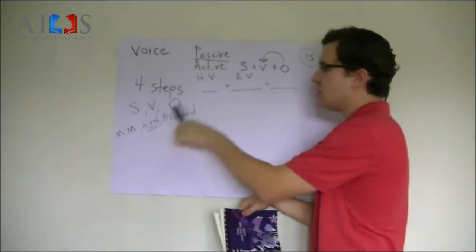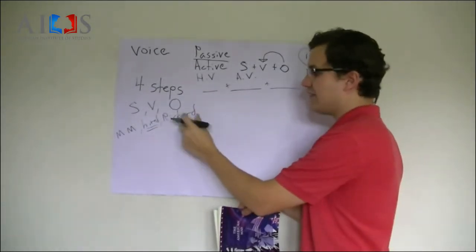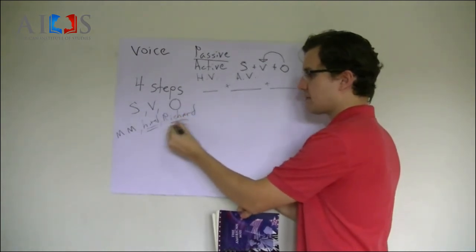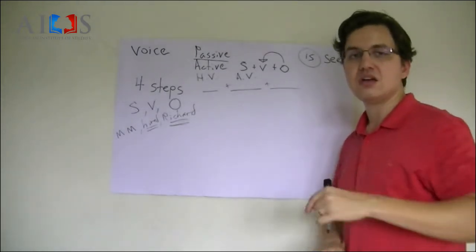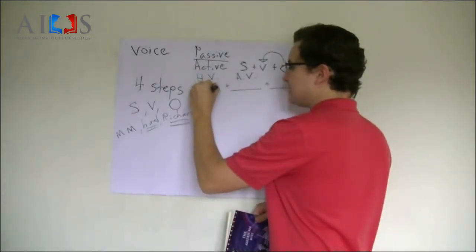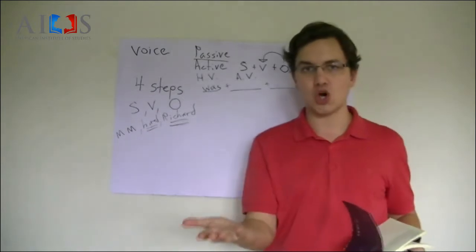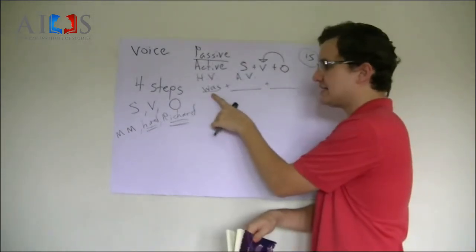So hired, we need a helping verb. Well, Richard will be our new subject. So Richard is 3rd person, the same as he, so we use was. Right? It's either going to be was or were in the past simple. So in this case it's was.